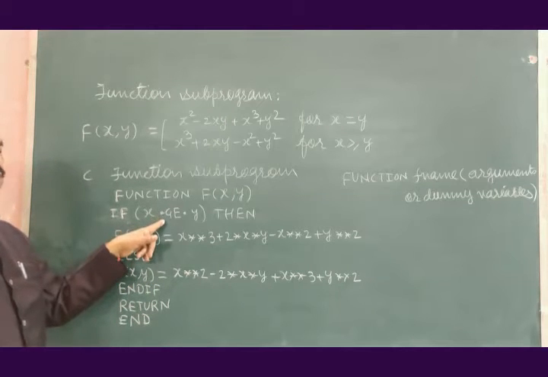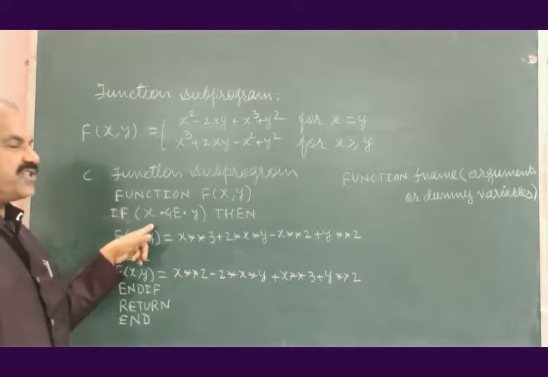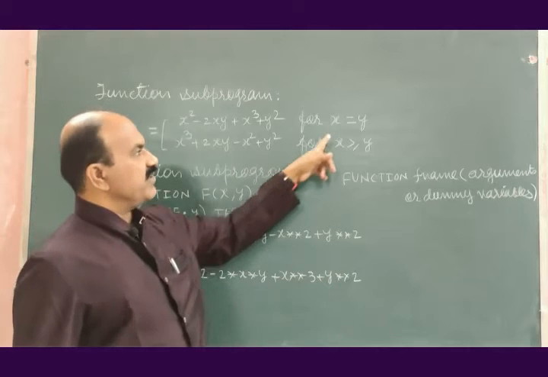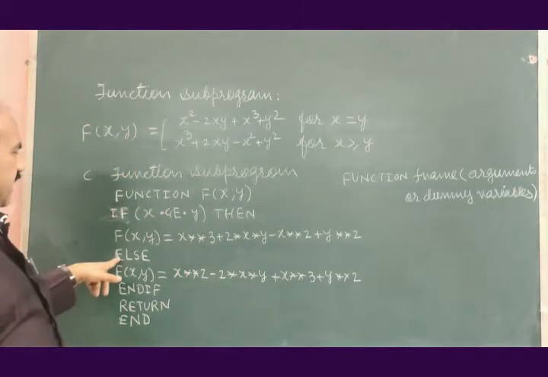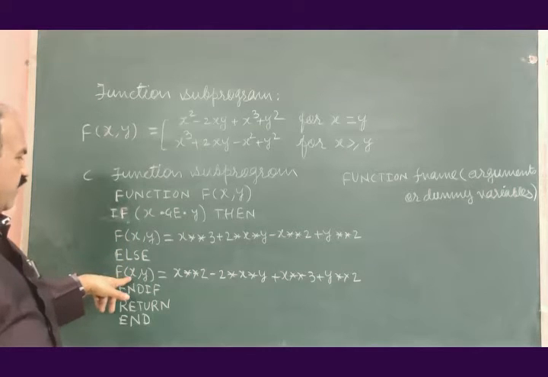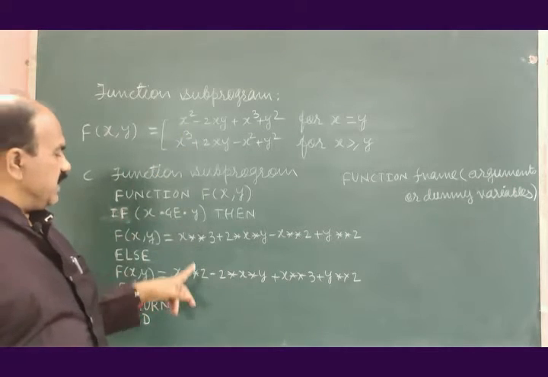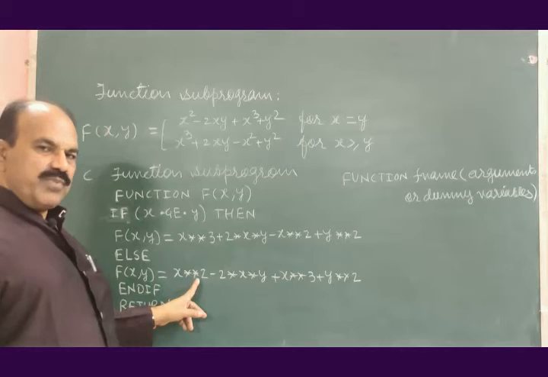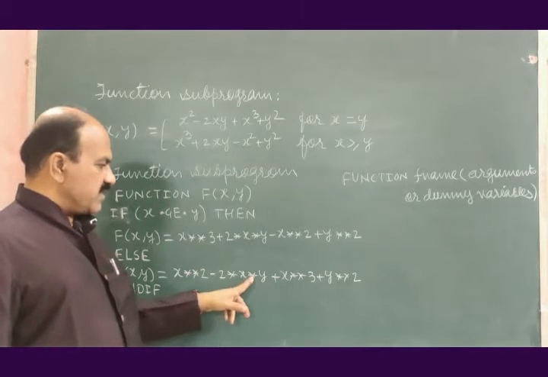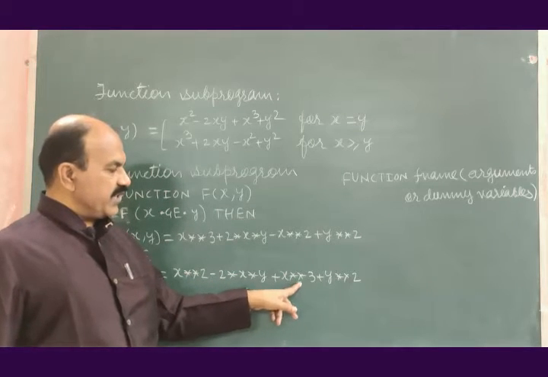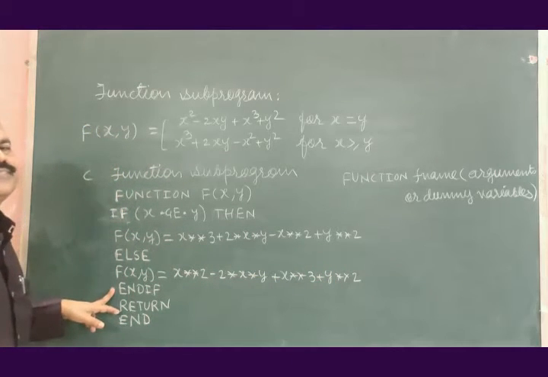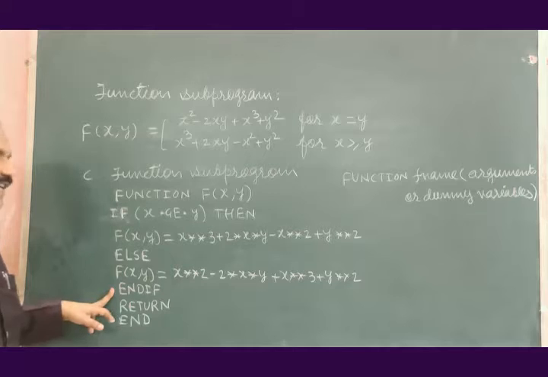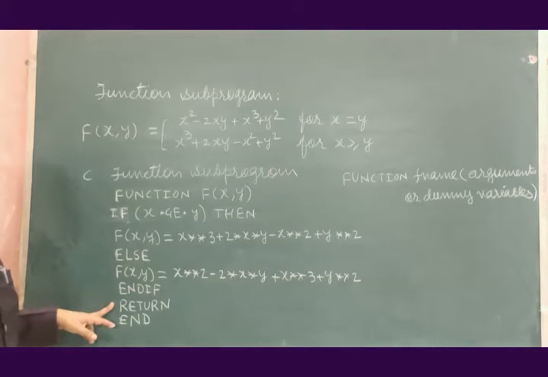Else, if this condition is not true, what will be the other condition? This one, x is equal to y. For that, else f of xy is equal to x to the power 2 minus 2xy plus x to the power 3 plus y to the power 2. And when the if statement has ended, return.